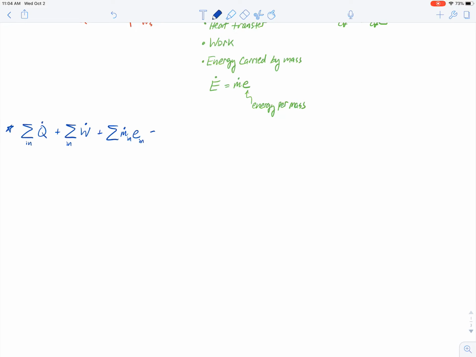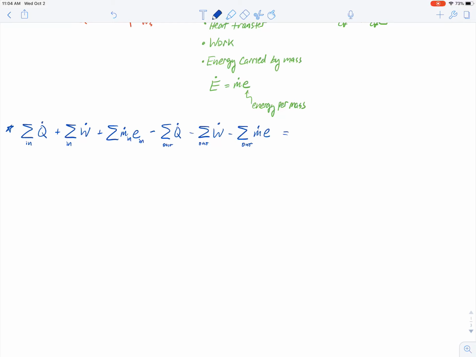I need to subtract everything that's leaving, so I'll subtract all rates of heat transfer going out. I'll subtract all rates of work going out. I'll subtract the rate of all energy being carried by fluid as it leaves.